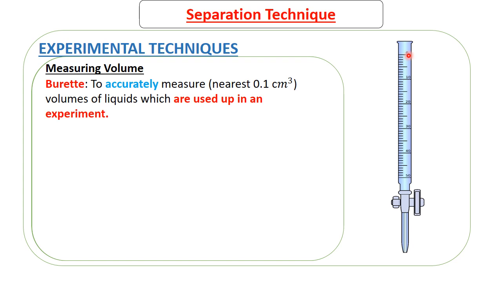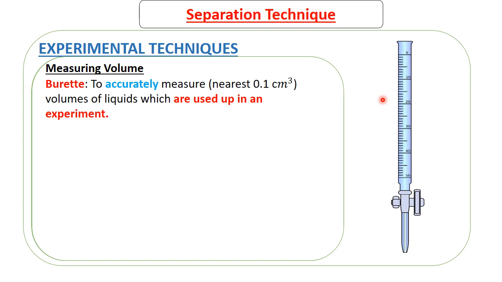How? Maybe if initially it was here, like I said, and at the end of the reaction, when you have achieved your results, the surface is here, it means 10 has been used. So you just subtract this number from this number. So that's the amount of liquid that has been used.